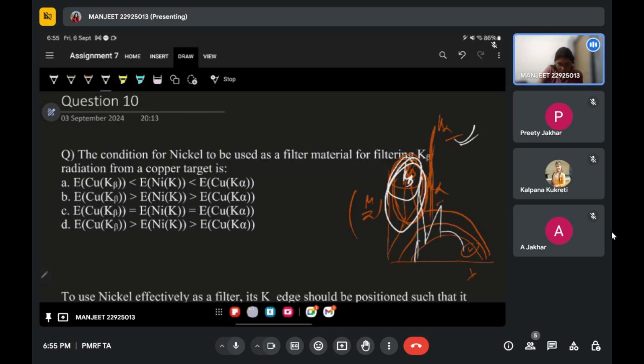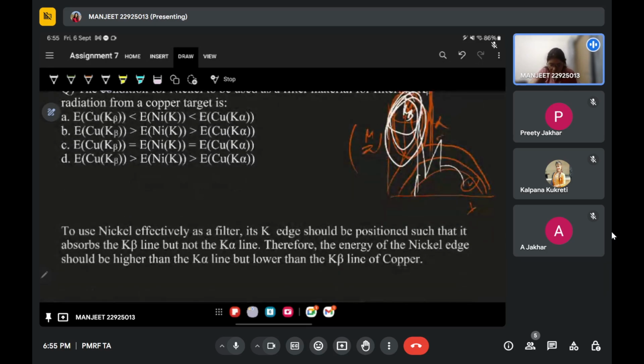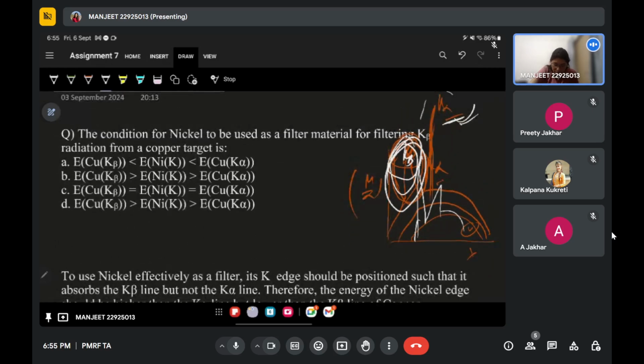So what will be the condition for nickel, having this kind of spectrum, so that we can filter out the K beta wavelength? To use the nickel effectively as a filter, its K edge should be positioned... so we want this wavelength only, K alpha one.